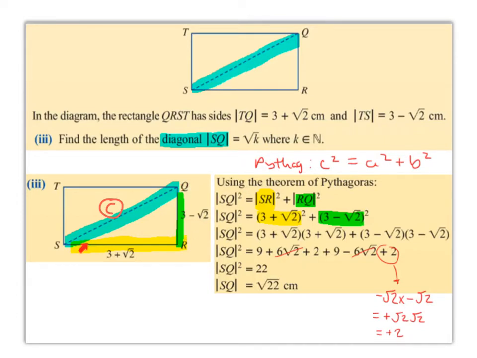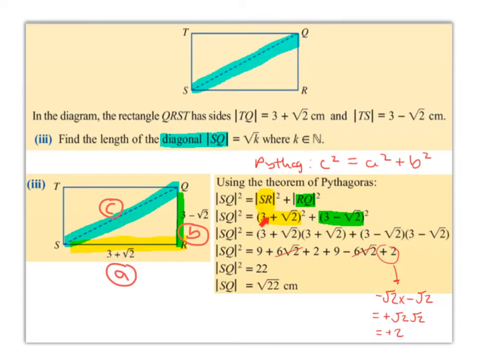And then the a and the b, it doesn't matter which way you label them. So SR I'm going to label as A, and QR I'm going to label as B, but it doesn't matter. So A squared becomes SR squared, and B squared becomes RQ squared.